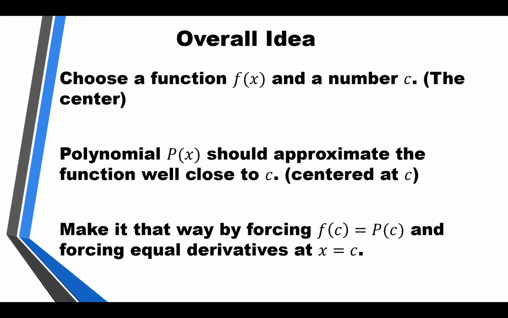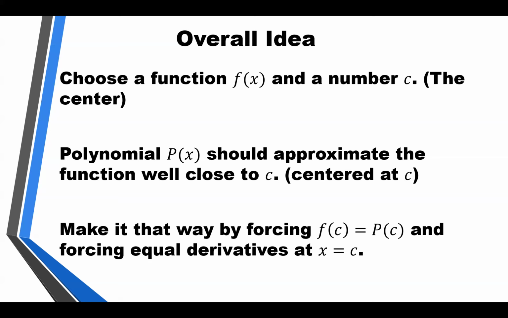The way we do that is we start out making the function value at C equal to the polynomial value at C. And then that'll match them up at C.